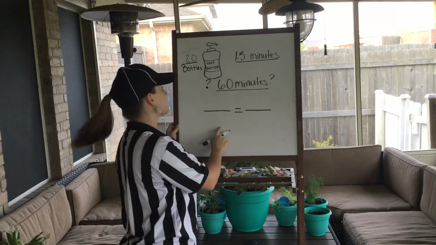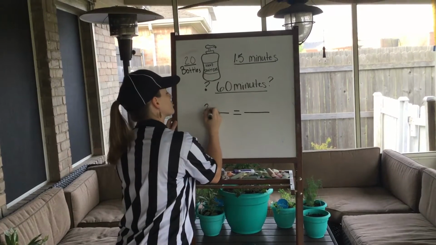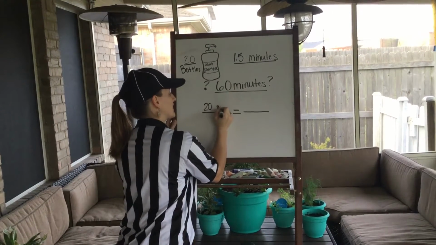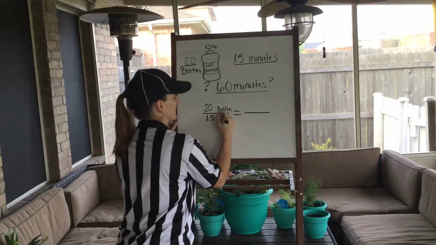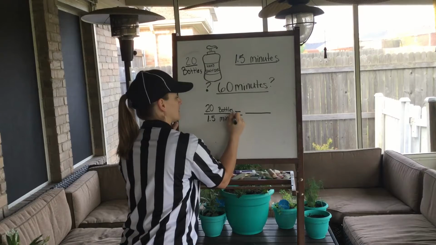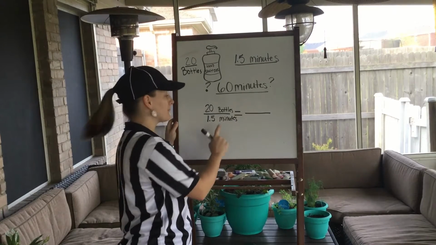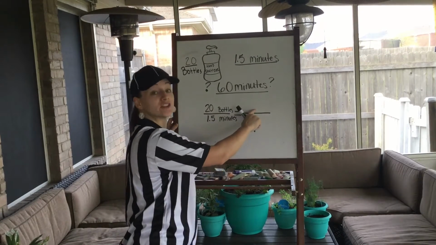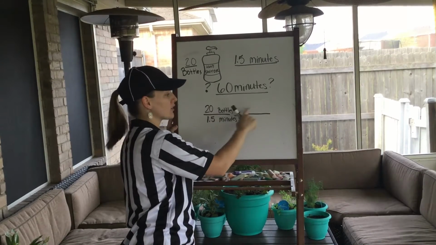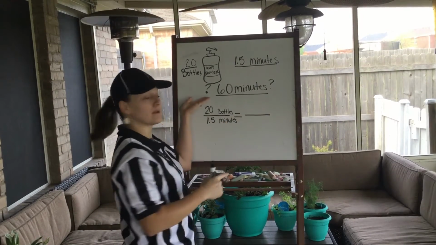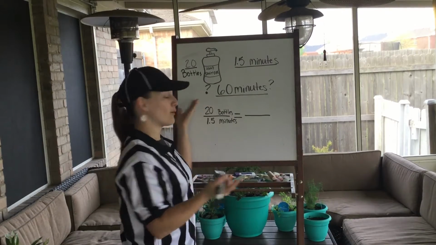So we're going to go ahead and set this up. If we have 20 bottles of hand sanitizer in 1.5 minutes, now notice what I'm going to do. I'm going to keep bottles on the top. We call this a numerator. Do we know how many bottles we want? We don't.